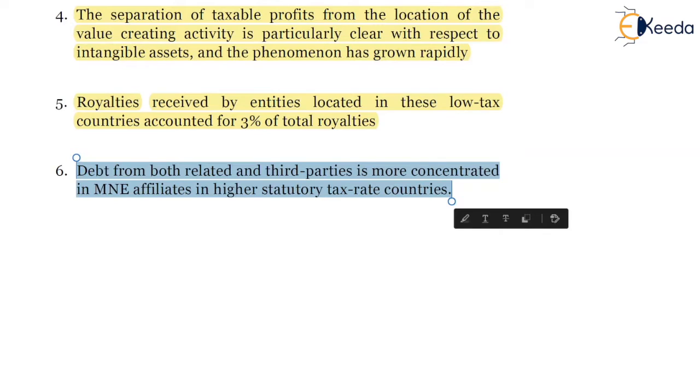Loan may be taken from a third party or as an intra-firm loan. It could be any type of loan. It's only that interest deduction is shown in the profit and loss account only to reduce the income so that the M&E group is not required to pay a higher tax rate in that particular country. So distortion by way of excess interest deduction is one of the indicators of BEPS.